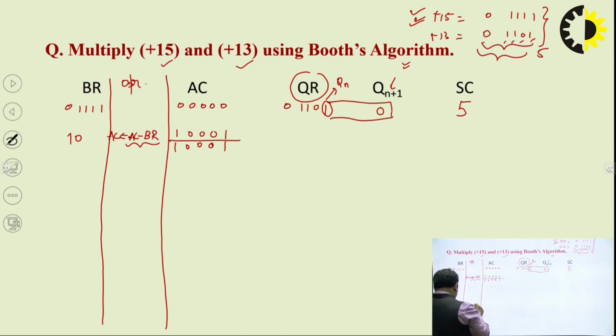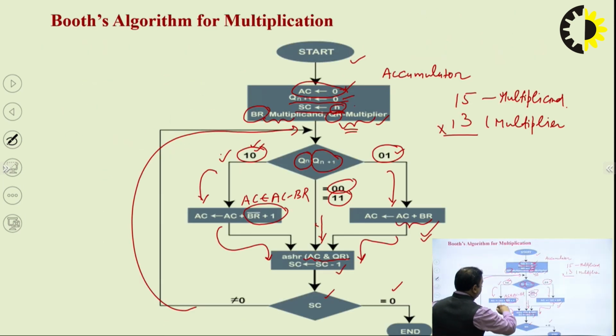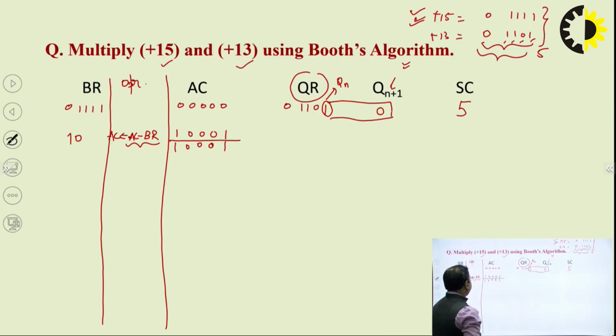Then what does the algorithm say? Perform the arithmetic shift right operation. So how will we perform the arithmetic shift right operation? The arithmetic shift right operation says that the leftmost bit will remain the same and it will also be shifted one position ahead, that is 1, it will be shifted here also. Generally students make mistakes at this point.